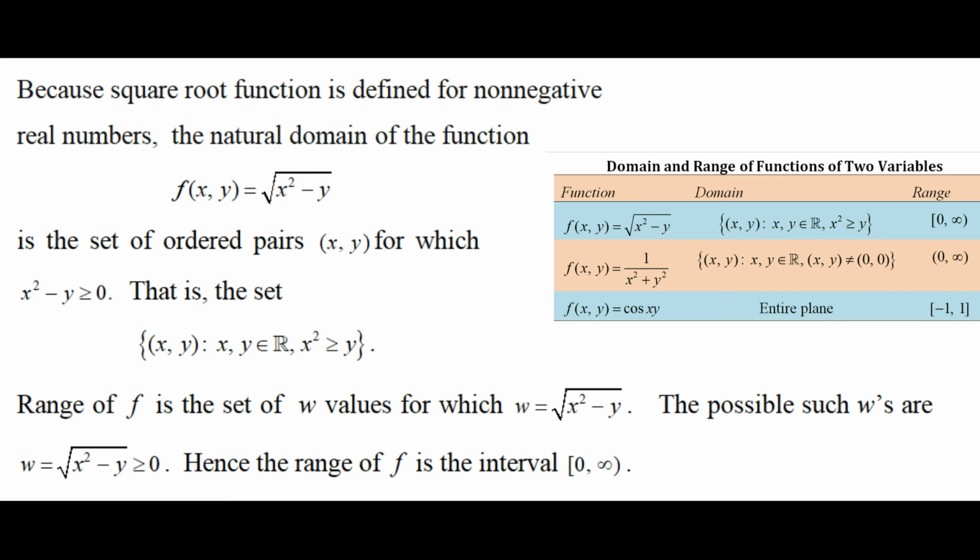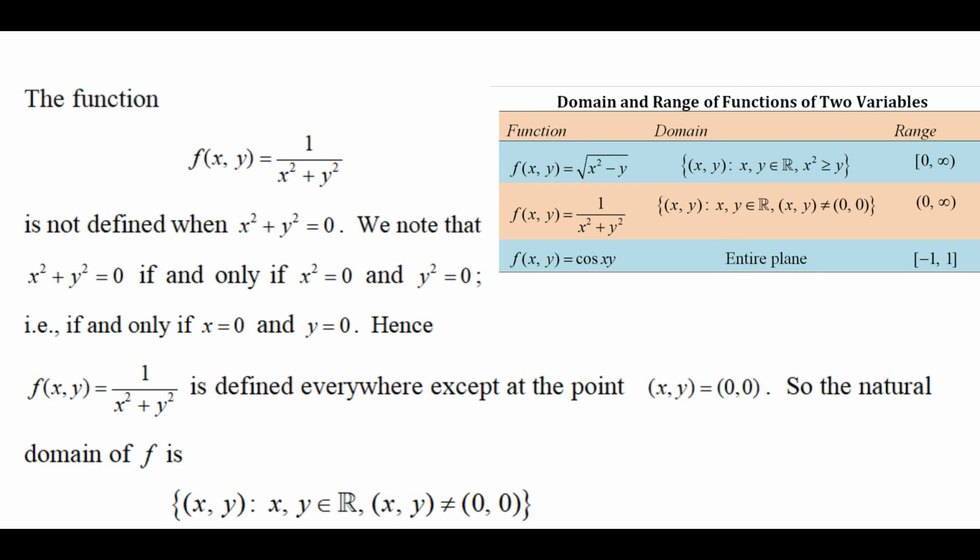The range of f is the set of values w for which w is equal to the square root of x square minus y. The possible such w is the set of all w such that w is greater than or equal to 0. So the range is the left closed right open interval 0 infinity.